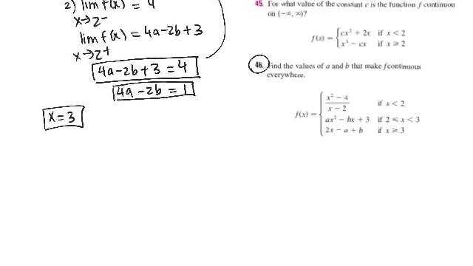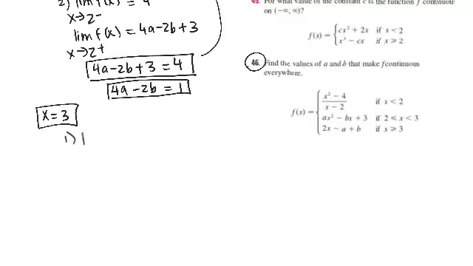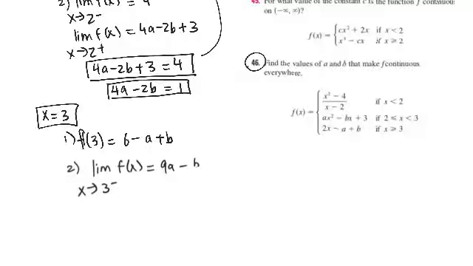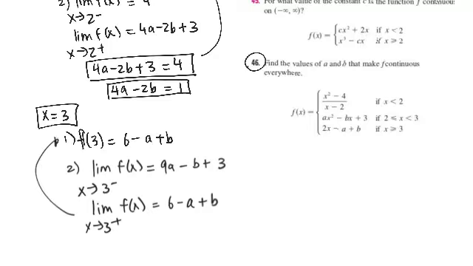Then we look at x equal to 3, do the exact same thing there. The function value at 3 is equal to 6 minus a plus b. The limit as we come into 3 from the less than side is equal to 9a minus b plus 3. The limit as we come in from the right side is equal to 6 minus a plus b, which notice is the same as the function value.